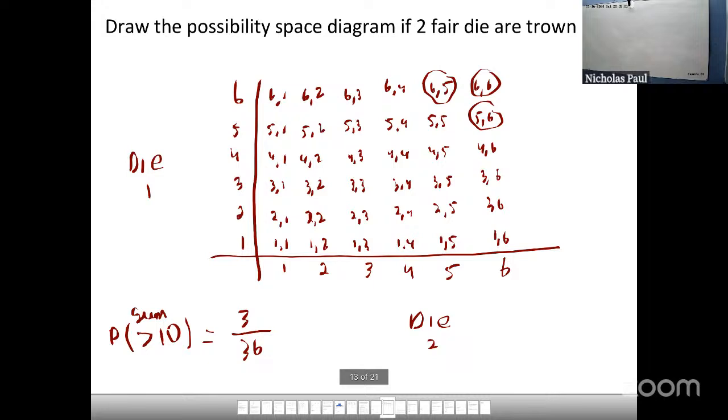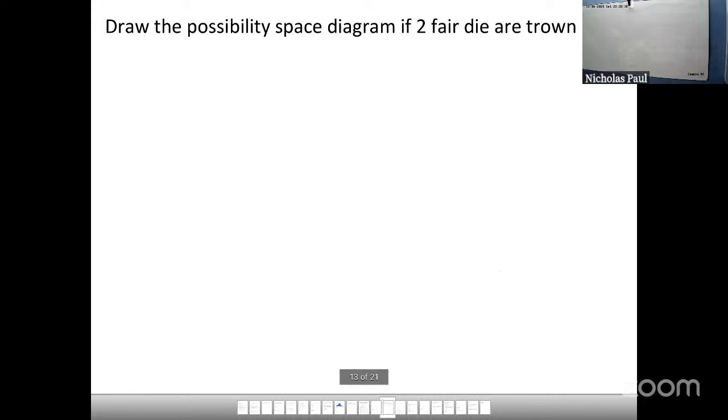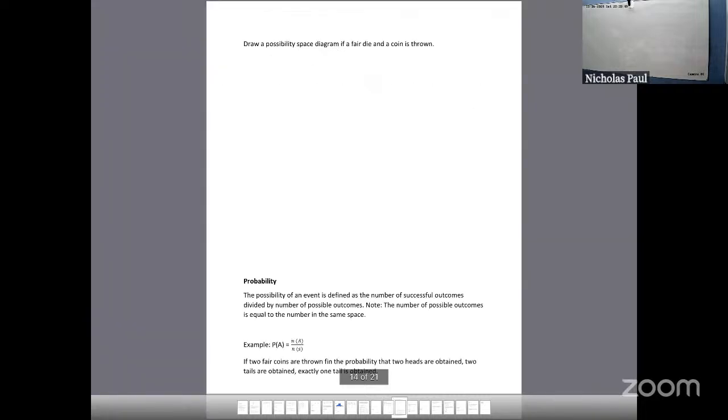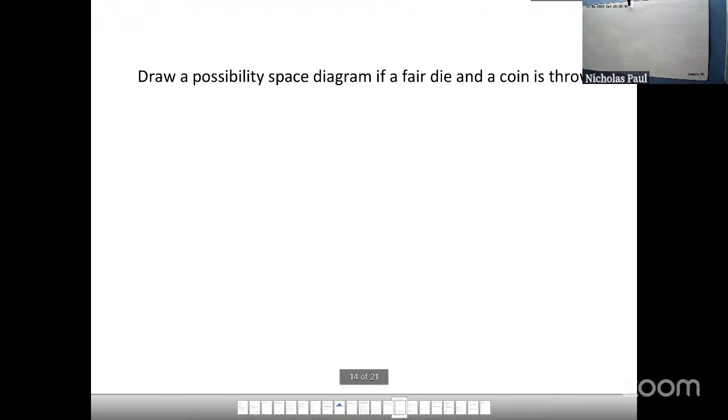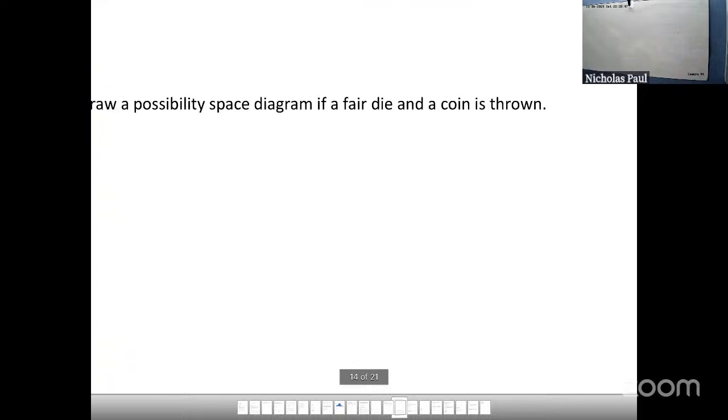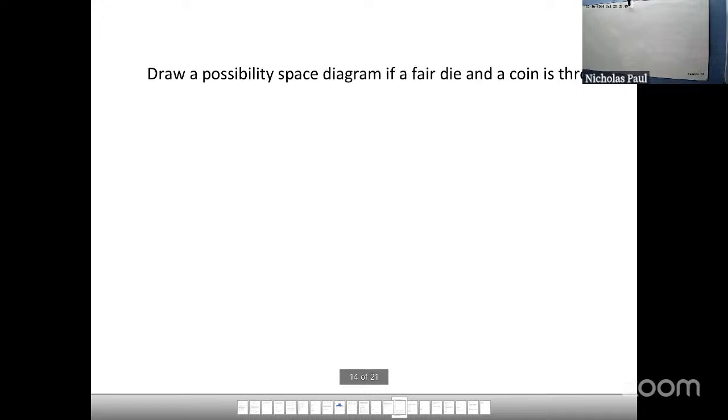But again, when they show the two dice, the question can ask different things. The question can ask for the sum, the product, or the difference. So when you set up your diagram, you can put in your value one time. I want you to do one more for me. Draw your possibility space diagram for a square die and a coin.